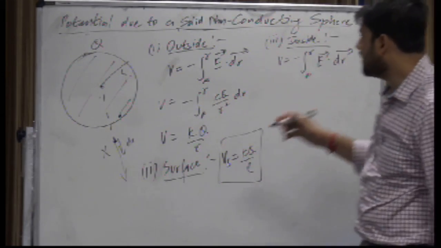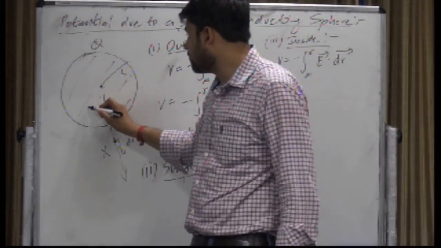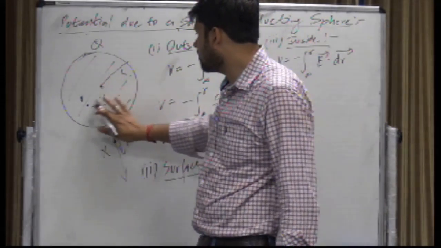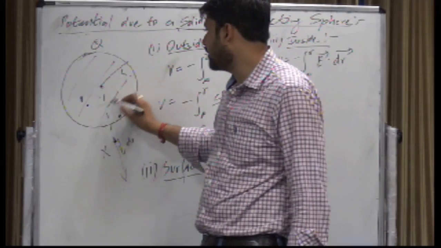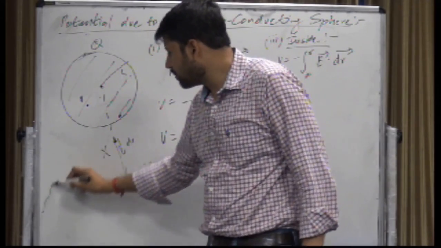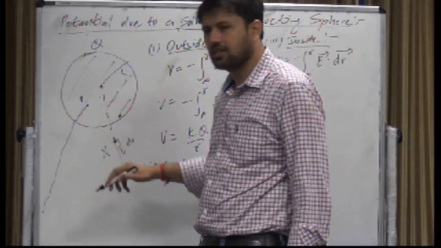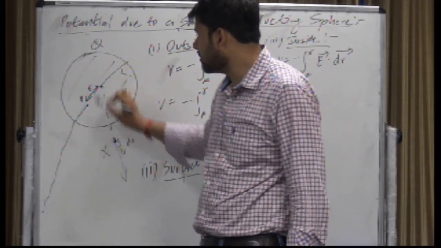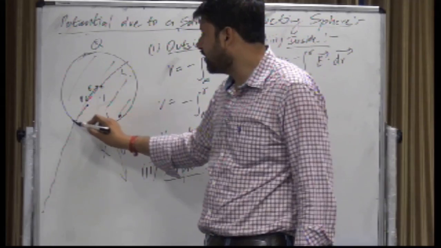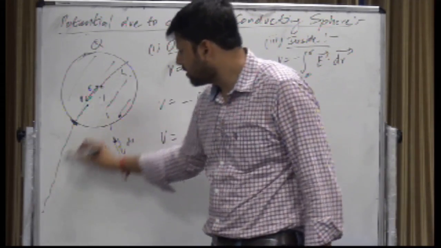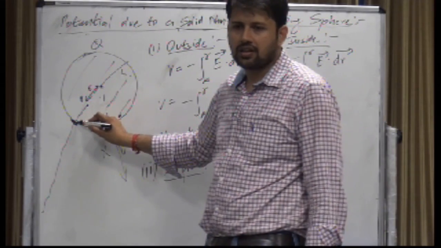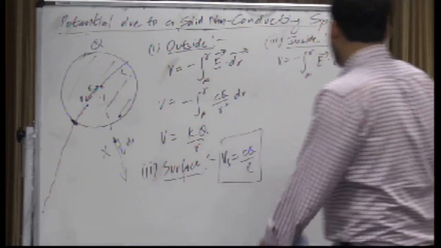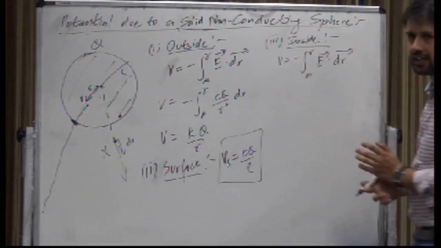So for an inside point, let's say this is the inside point P. For an inside point, you are bringing it like this and then here. Now please note, this is the distance r. The electric field has a different formula for an outside point and a different formula for an inside point. So I need to split this integral into two parts.